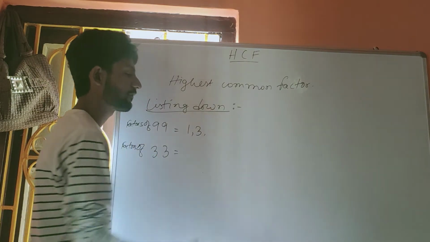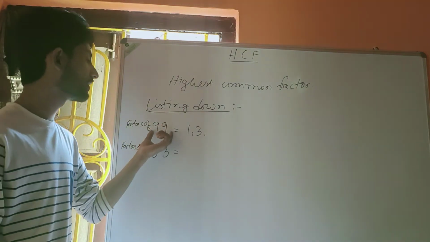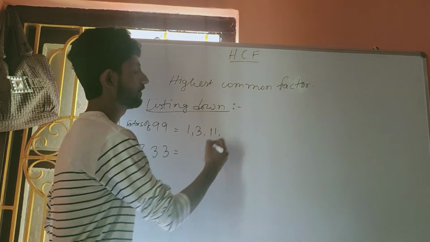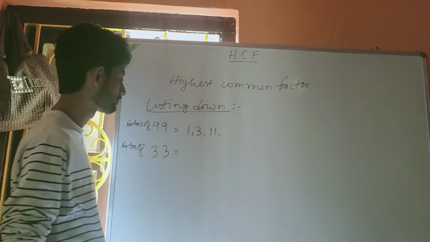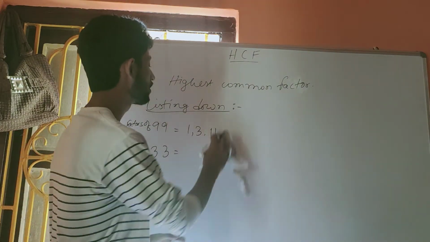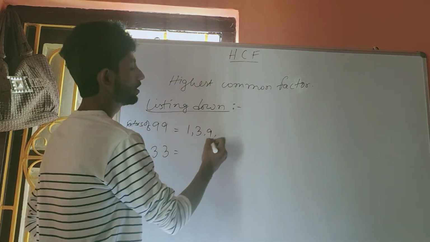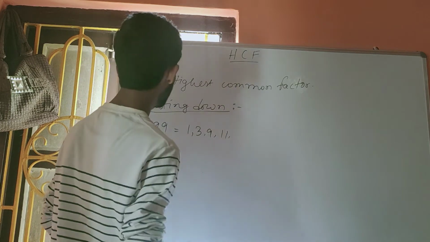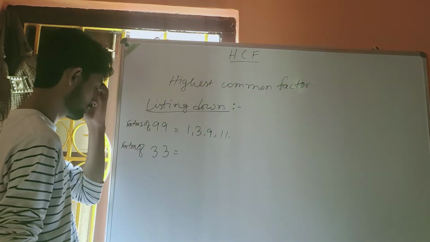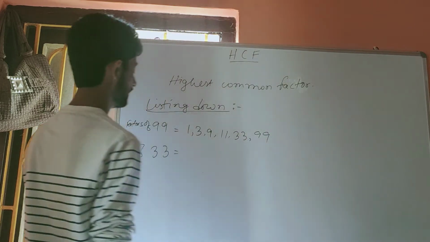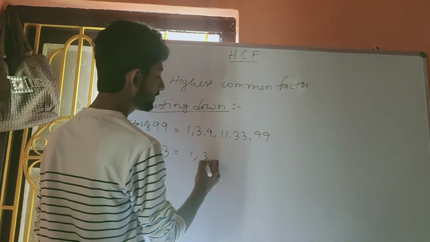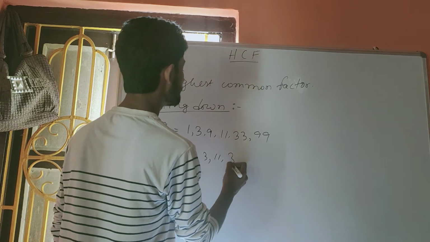So 3 is another factor. It will go with 11, so 11 is another factor. Then it will go with 9 also, 33 also, and 99 as well. And for 33: 1, 3, 11 and 33.